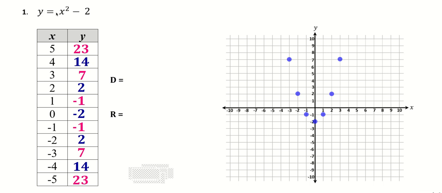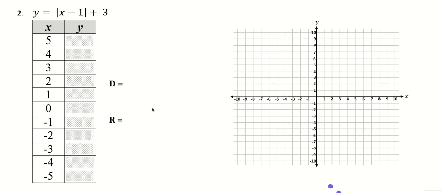Remember, y is based on x squared minus 2. So the smallest that part can ever be is 0, and therefore when you put it all together, like x squared minus 2, I don't care what you're plugging in for x, the smallest answer for y you could ever get is -2. And that's why the range ends up what it is.